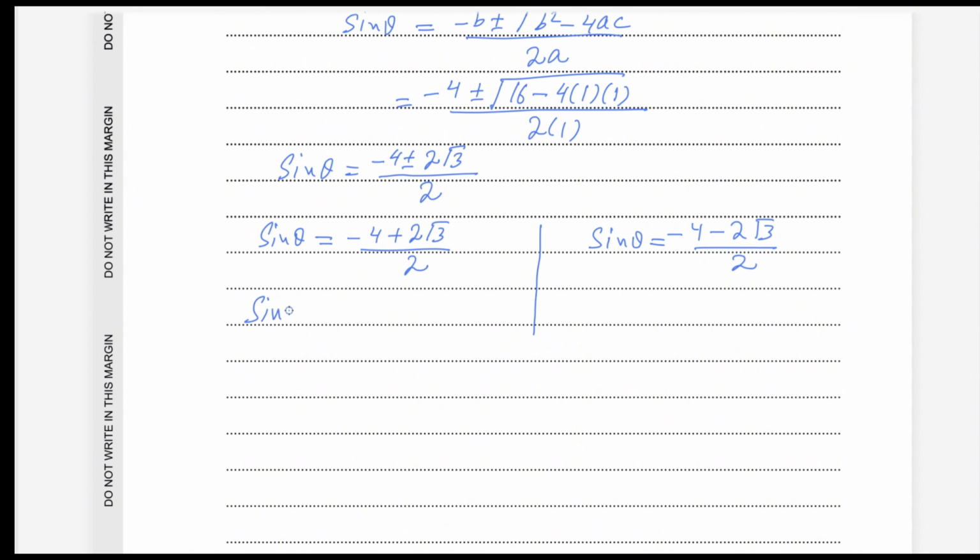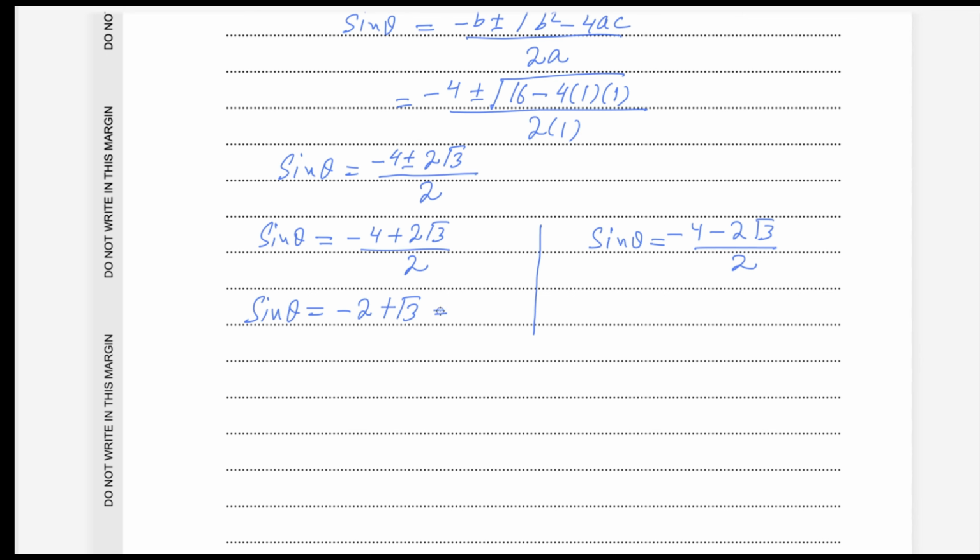If you write it as is in your calculator, you will get the answer as minus 2 plus square root of 3, because 2 can be cancelled, you can take it common.